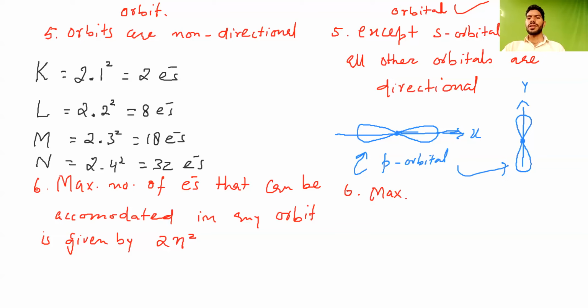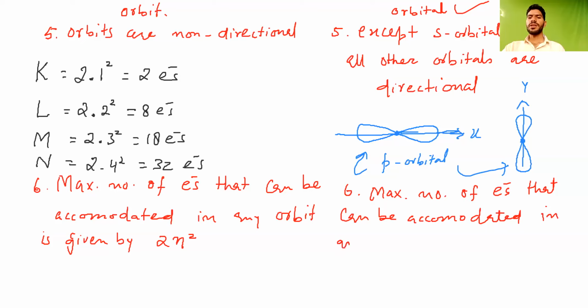Okay, I will write it here: the maximum number of electrons that can be accommodated in an orbital.